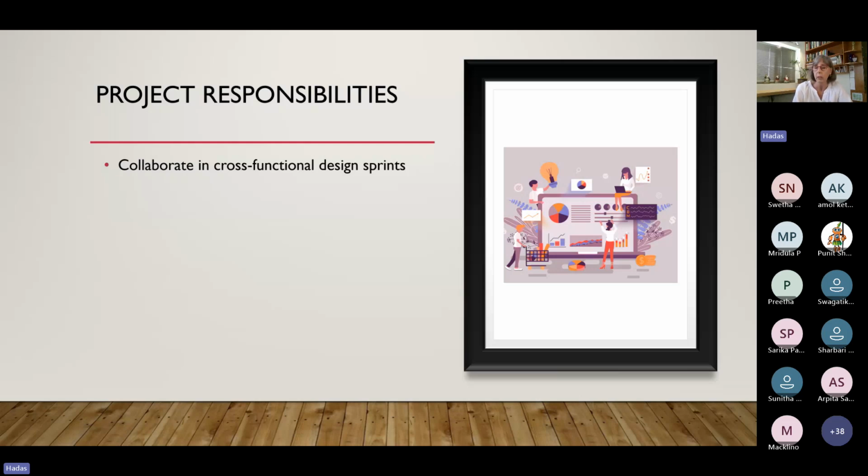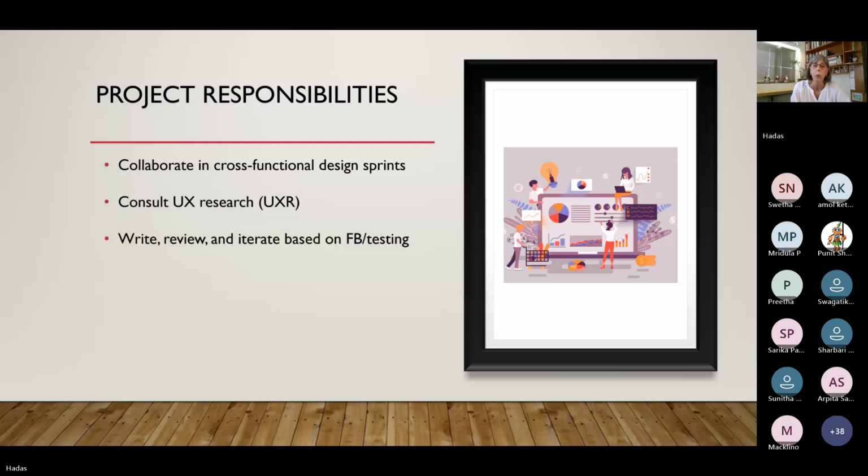We do want and need to collaborate with product managers, designers, developers, UX research, and localization if you have a localization team in your company. We want to consult UX research because we need to hear what they've learned about user goals, pain points, and needs in order to shape and improve new or existing copy. We want to improve copy based on internal feedback and user testing.